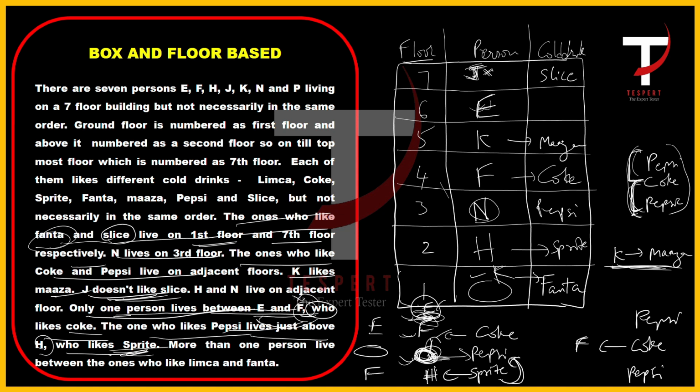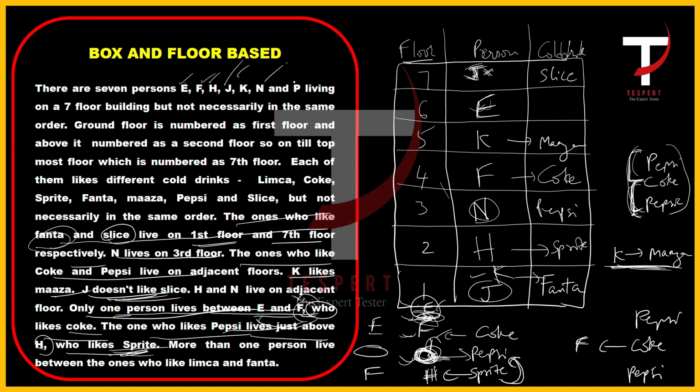Okay, so what is the remaining one? J doesn't like Slice and J won't be on the 7th floor. So if J is not on the 7th floor, J will be on the first floor, right? And what is the remaining one? E is filled, F is filled, H is filled, J is completed, K, N, where is N?